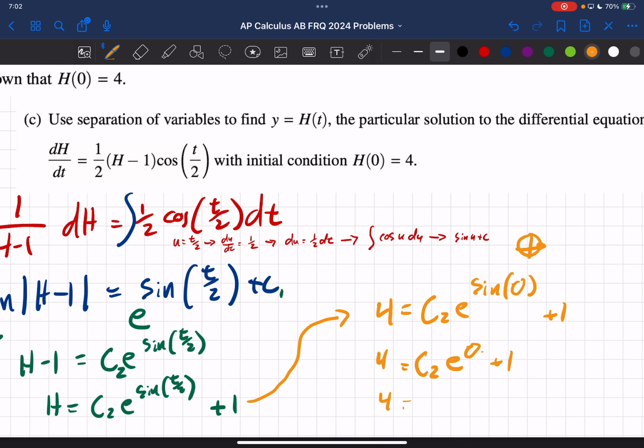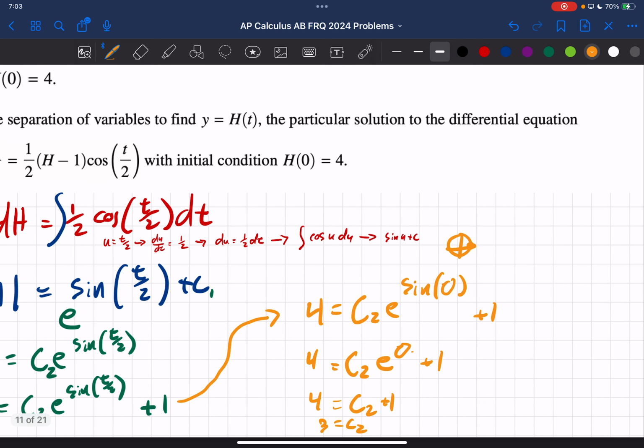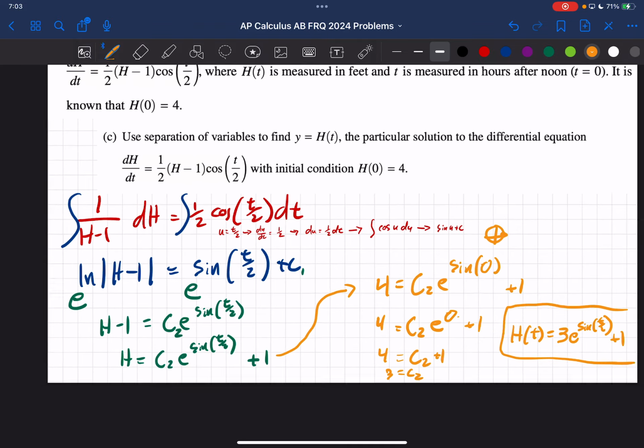So anything to the 0 power is 1. So that means 3 equals C2. So that's our constant. So h of t, because it's a function of t, equals 3e to the sine t over 2 plus 1. And there we are. There's our solution.